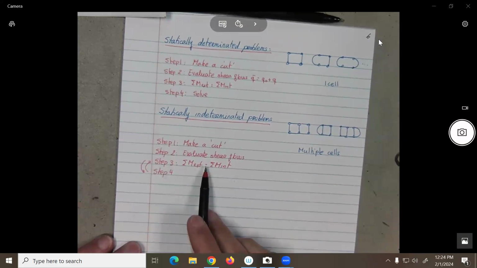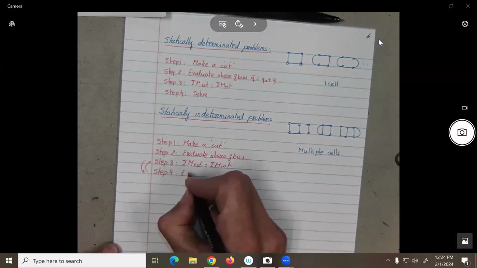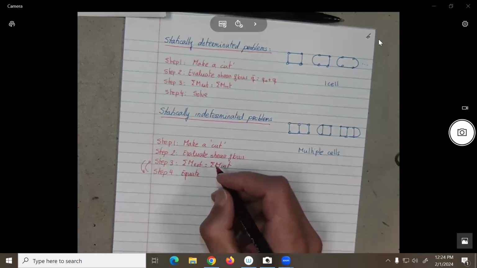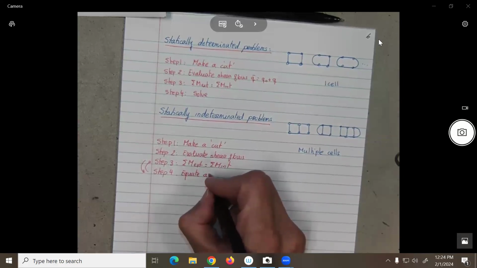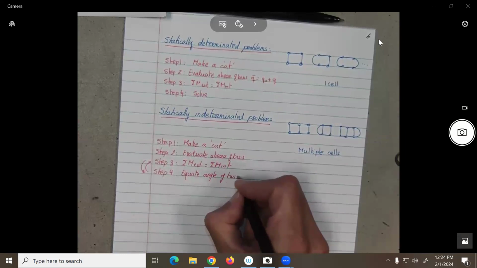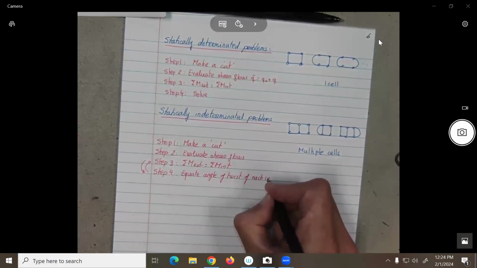You go up to here, and you don't have enough equations to solve for Q sub 0. There are too many unknowns, not enough equations. So step 4: you need to find additional equations. The additional equation comes from the angle of twist itself.